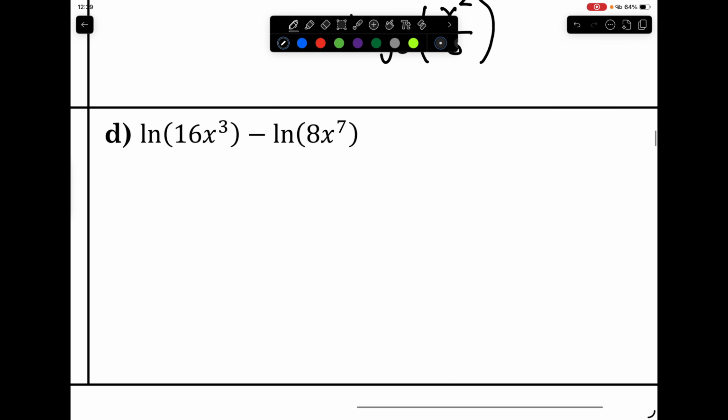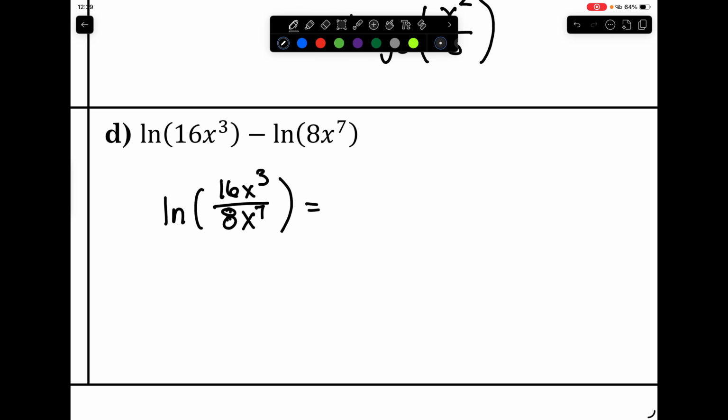And then lastly, this one right here, natural log of 16x to the third minus the natural log of 8x to the seventh. This would be the natural log of 16x to the third divided by 8x to the seventh, which gives me, first of all, 16 divided by 8, that's 2. But x to the third divided by x to the seventh, that's x to the negative fourth.